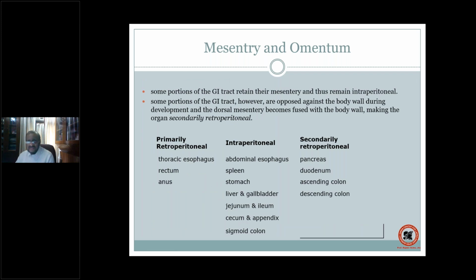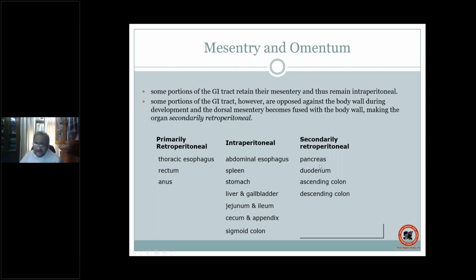Some portion of the GI tract would retain their mesentery, and thus they would remain intraperitoneal. But some parts of the GI tract get apposed to the posterior wall, and the mesentery gets fused with the body wall, not absorbed, making the organs secondarily retroperitoneal. It was initially intraperitoneal, but they become secondarily retroperitoneal.